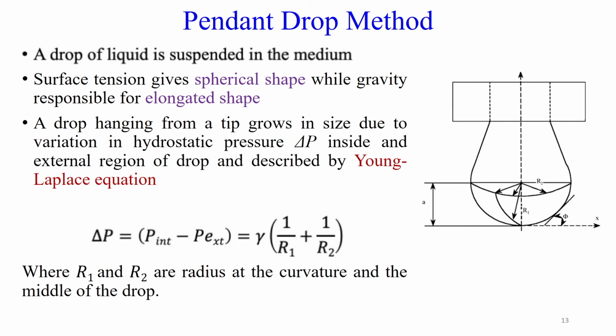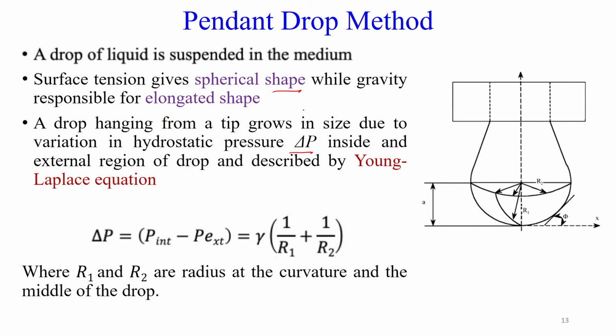So, as we discussed, the surface tension gives a spherical shape, while gravity is responsible for the elongated shape, and the drop hanging from the tip grows in size because of the hydrostatic pressure difference inside the drop as well as the external region of the drop.